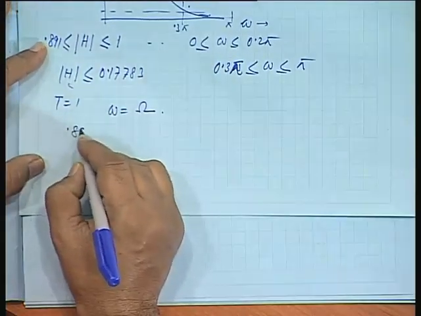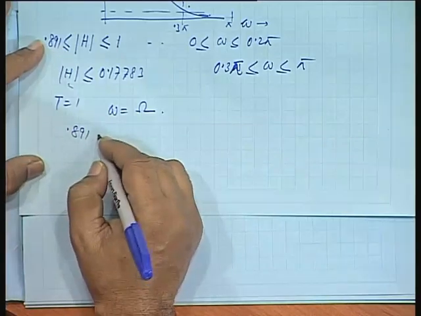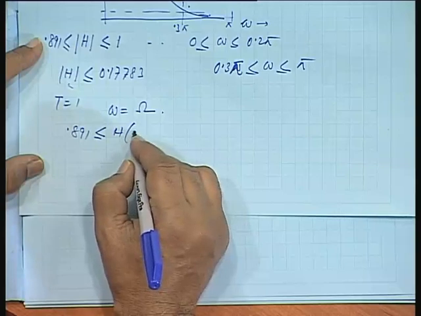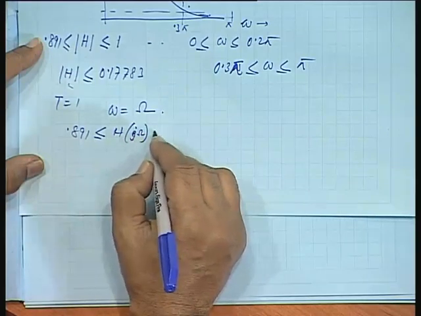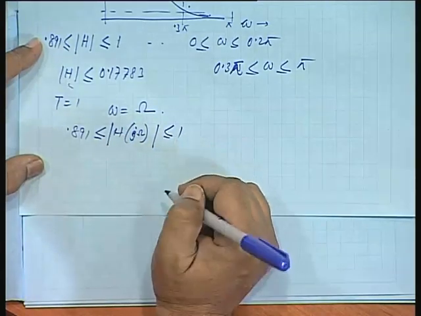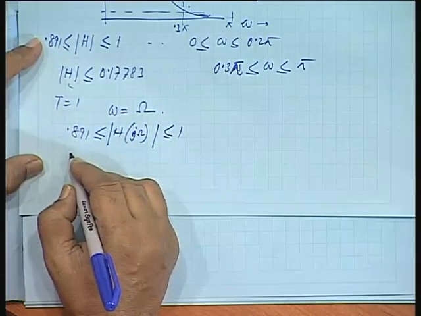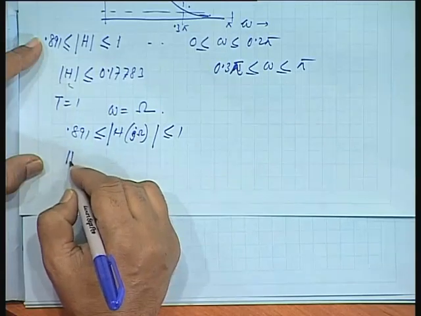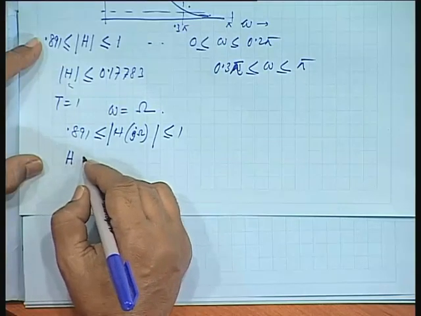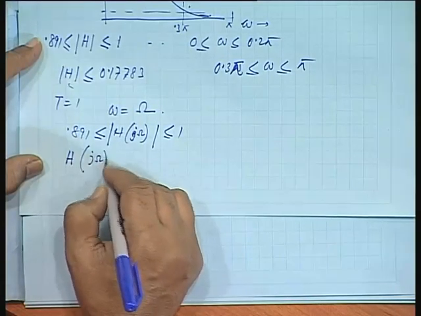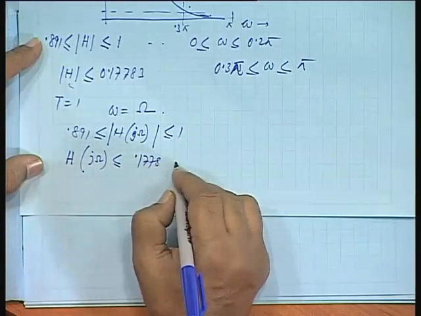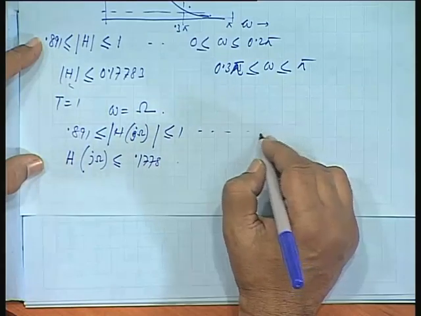So, 0.891 is H j omega, all right, and H j omega is less than equal to 0.1778 in the, this is in the pass band, okay.